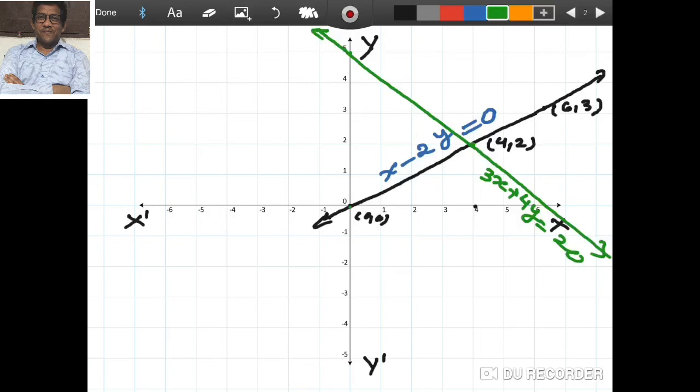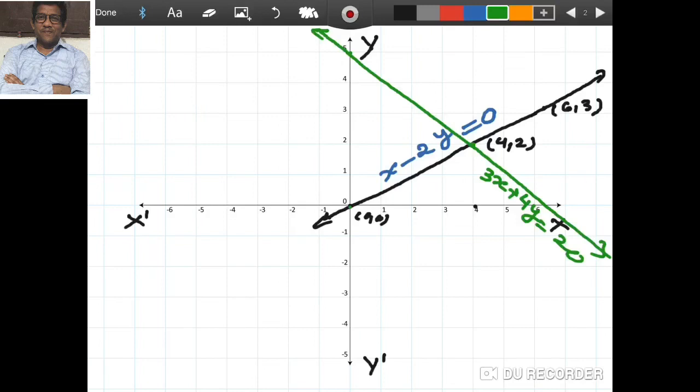It is the geometrical representation of the given situation. Here we observe that the lines intersect at a point. So what do we conclude here? It means that the given system of equations has a unique solution. Sometimes we find parallel lines, it means that the system of equations has no solution.